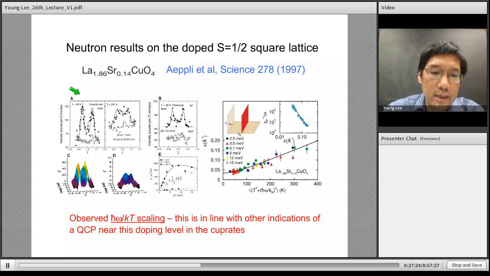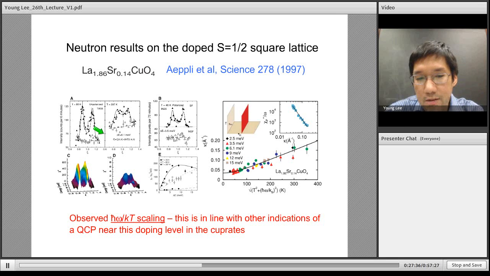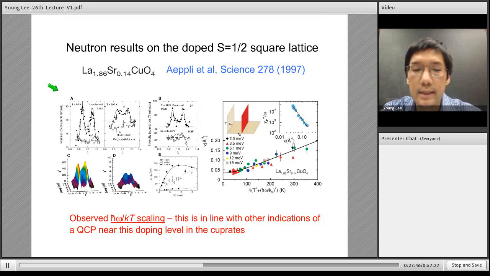It's that as a function of Q, at some fixed energy transfer, you see that the peaks are no longer centered at 1, where the antiferromagnetic wave vector is, but you have 2 peaks split off symmetrically from that position. So these peaks are now incommensurate. So the superconducting state of lanthanum copper oxide has incommensurate spin fluctuations.